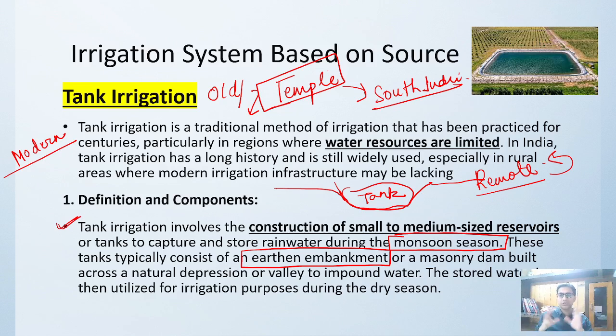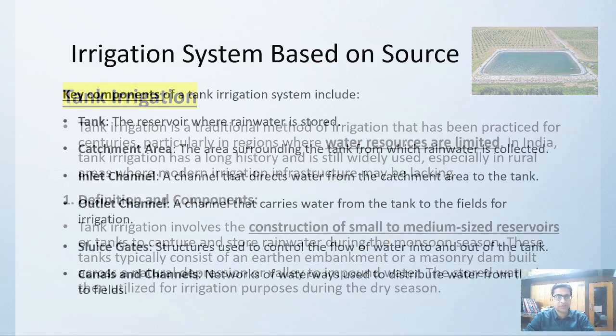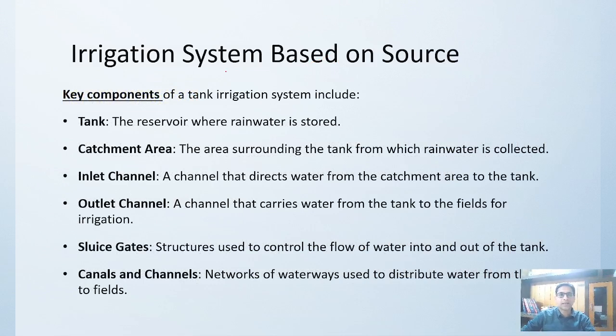The water will be stored for future use, whenever there is a shortage or lack of water during the dry season, and it will be used for irrigation purposes. So a tank is a reservoir where rainwater is stored.